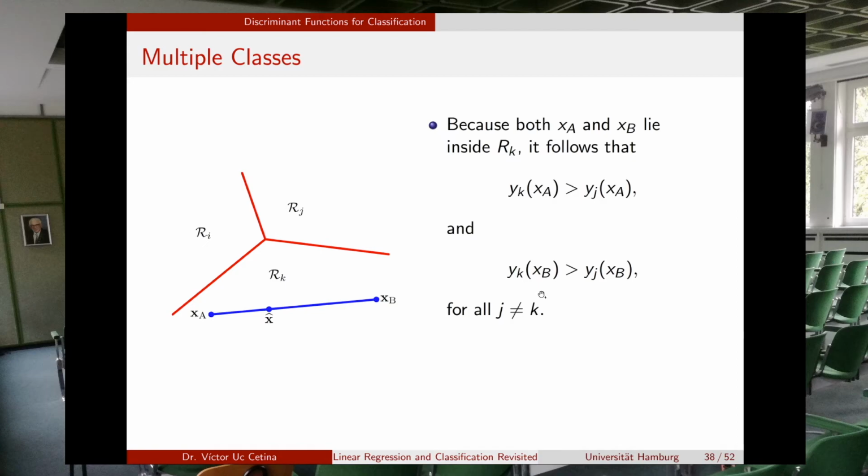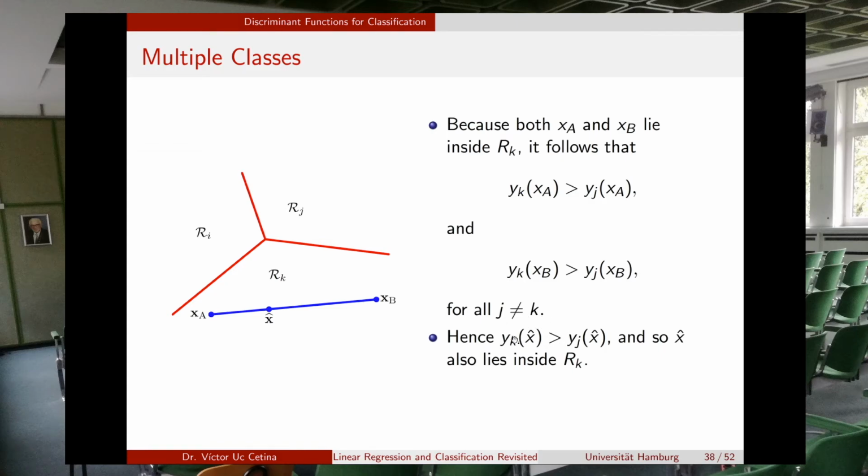And because both xa and xb lie inside region Rk, then it follows that the evaluation of xa will be the largest one, so it's larger with respect to every other j, different to k, and the same happens with xb. The evaluation of xb in our model K is the largest one compared to all other j models, where j is different to k.